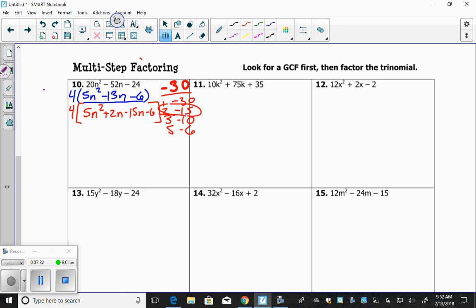Okay, what's the next step? Group. So parentheses around the first, parentheses around the second. GCF. What's common? Just the n? What's left?